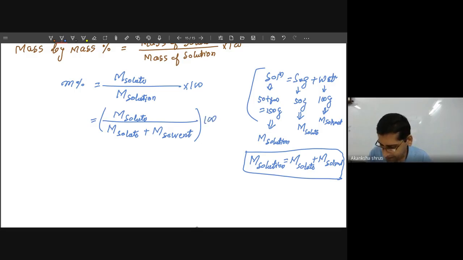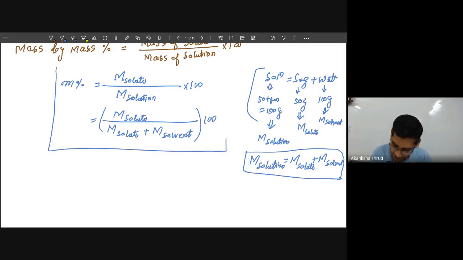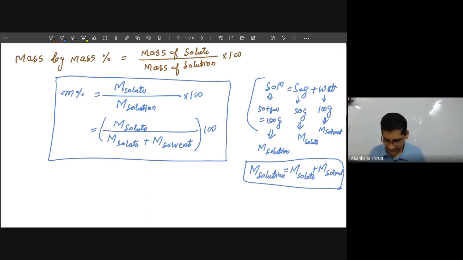This has to be multiplied by 100, that much percentage. So we have to keep this in mind in this form also. Based on this form, the question is framed.